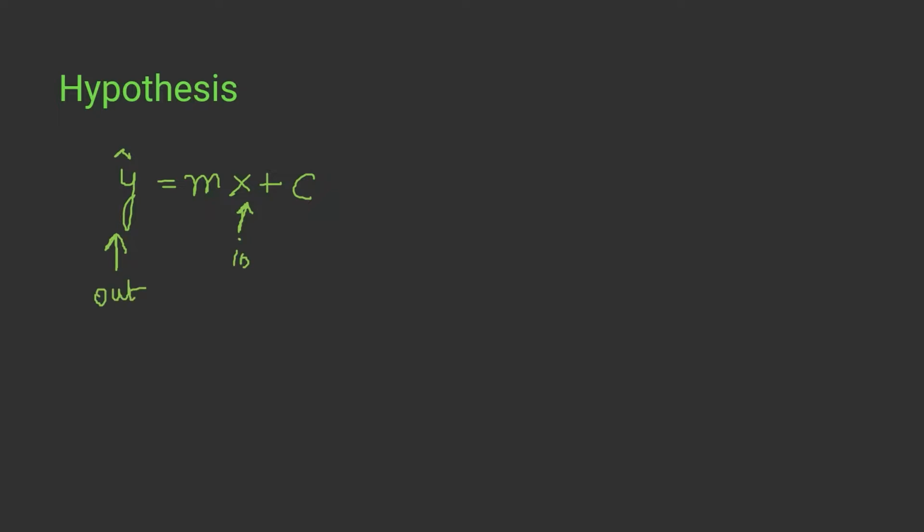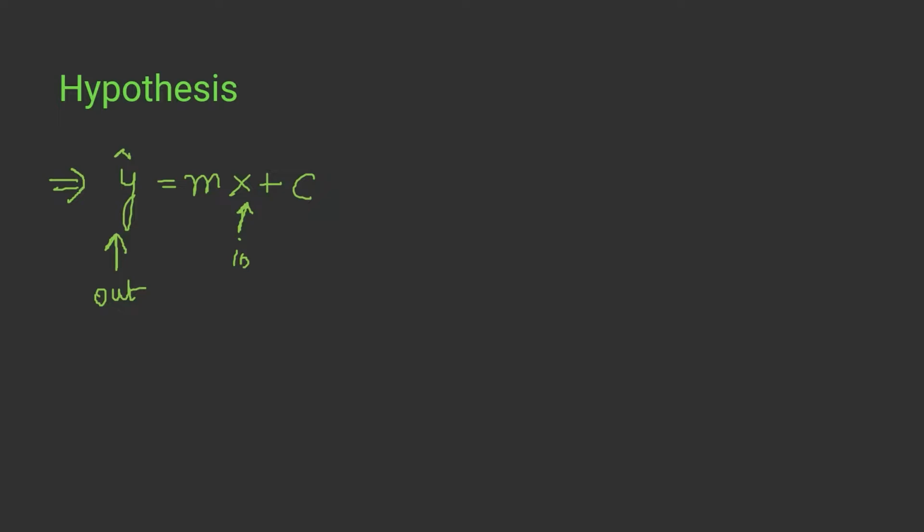Now most of you must be wondering that it is a simple line equation, mx plus c. Yes, you are thinking right, this is a simple line equation. A linear regression model works on a very simple hypothesis, mx plus c. After training a machine learning model, this y equals mx plus c will be our final hypothesis.